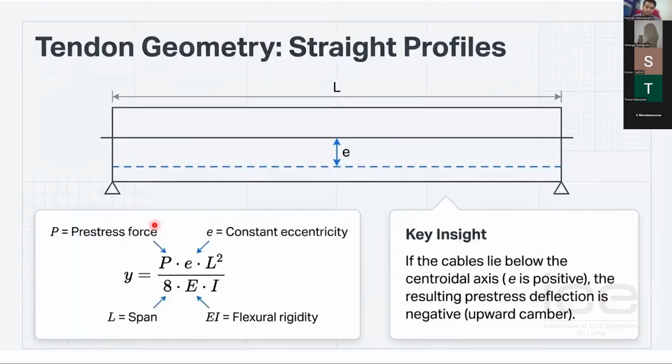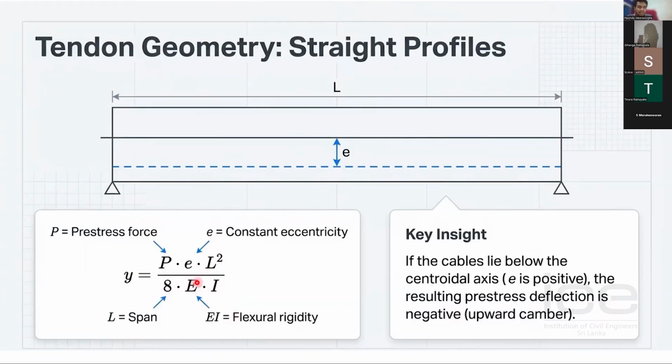So how do we calculate the upward deflection? This is a simplification of your deflection formula. If you have a straight tendon profile with eccentricity e, the upward deflection y due to this pre-stress force will be force multiplied by eccentricity times the span squared, 8 over EI, where EI is the flexural rigidity.